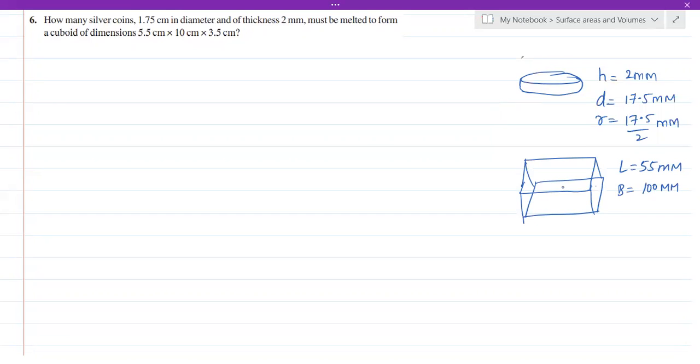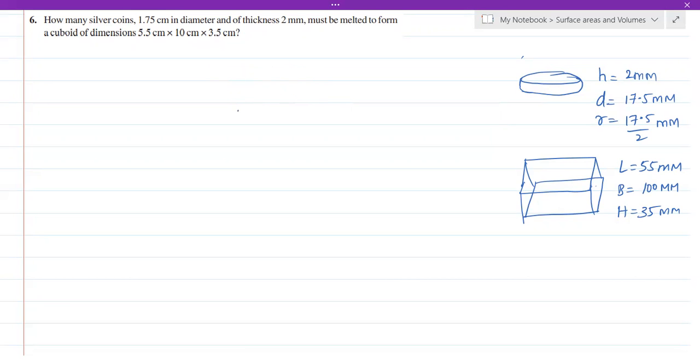And the capital H, 3.5 centimeter, will become 35 millimeter, because 10 millimeter is equal to 1 centimeter. So if you want to convert 5.5 centimeter to millimeters, you simply multiply 5.5 into 10. So it becomes 55. That's what we have done.